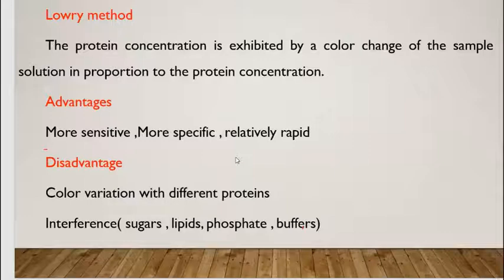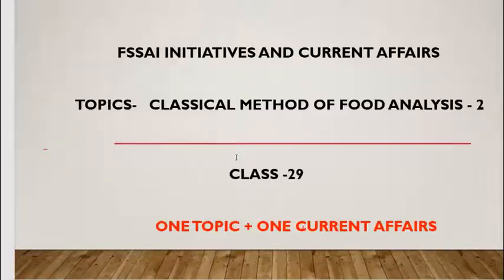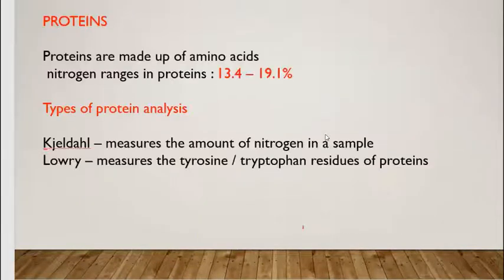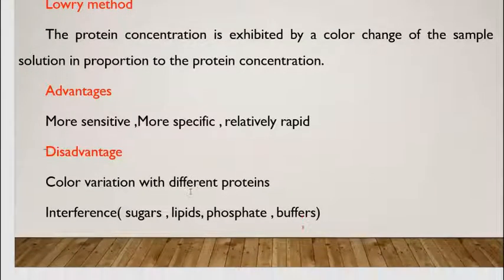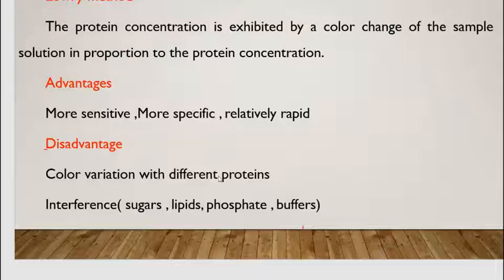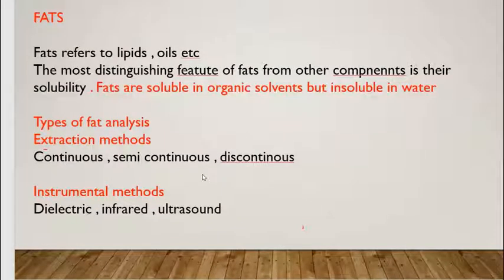This is how food analysis is classically tested. For food safety officers and technical officers this is very important and questions will be asked in depth, but for us, preparing for assistant, this preliminary information is enough. If you remember the important points I told in the slides, it is more than enough to attend the examination.